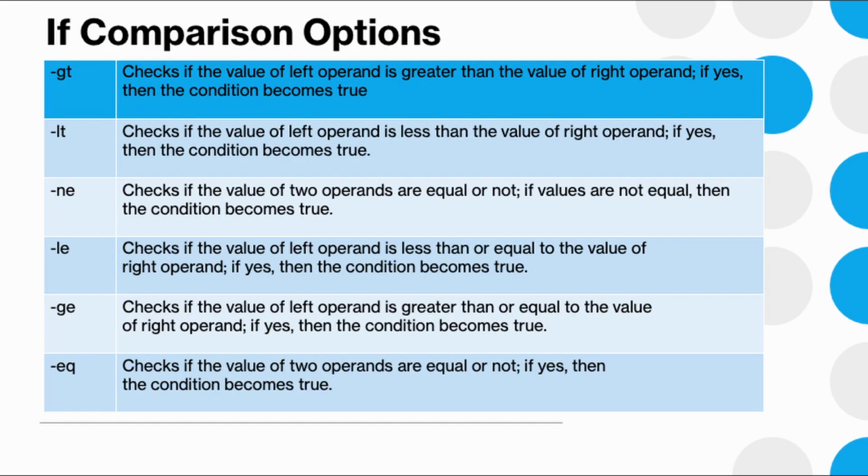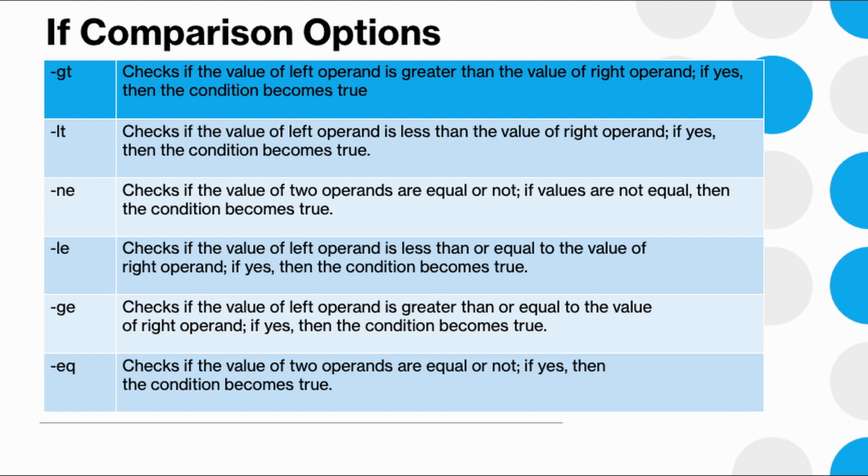You have a list of comparison options you can use with the if statement. You have -gt, which checks if the value of the left operand is greater than the value of the right operand. You have -lt, which checks if the left operand is less than the right operand.